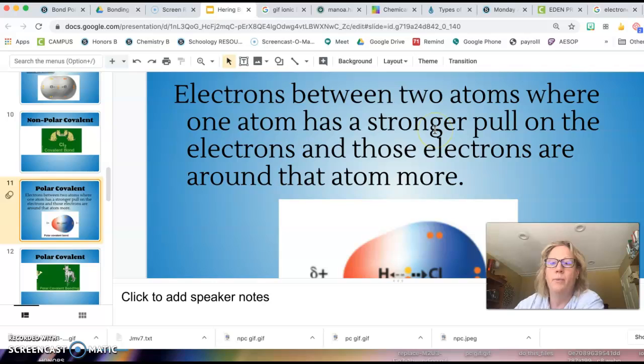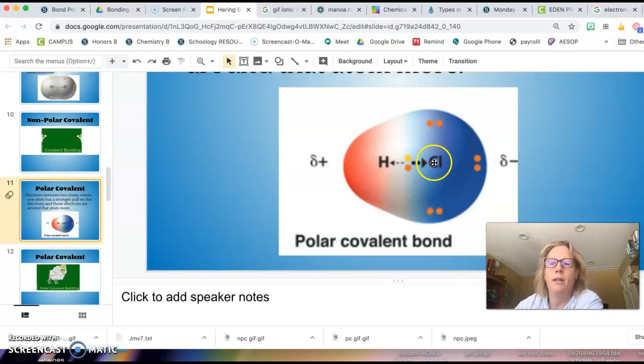Polar covalent is when they share technically, but just not equally. One of the atoms is going to pull more strongly than the other. In this example, the chlorine has a higher electronegativity value than the hydrogen, and it pulls the electrons in the bond towards the chlorine, which results in this part of the molecule being partially negative and this part being partially positive.